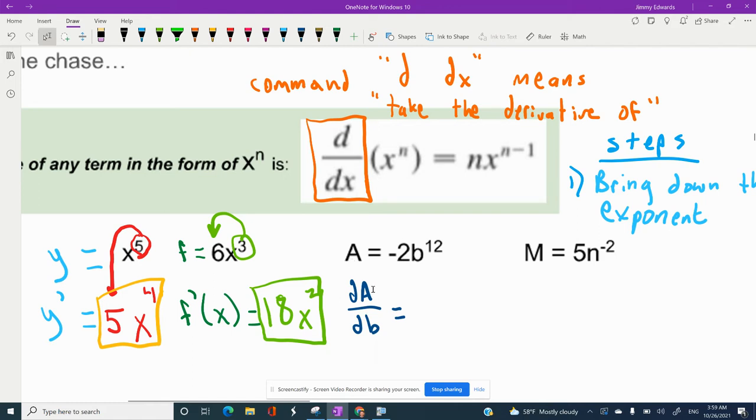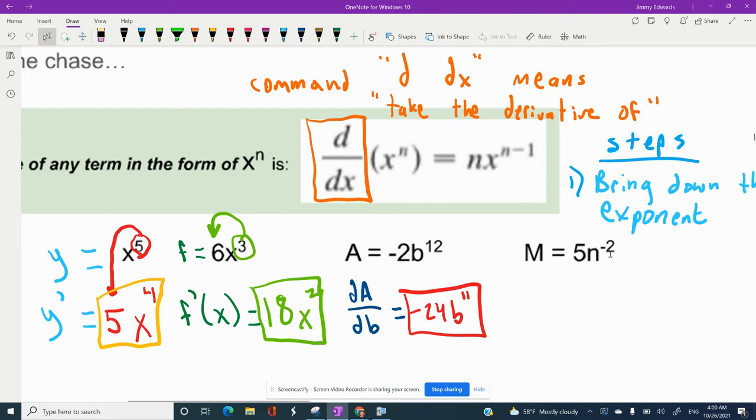Or in other words, like your y value, dy/dx, you may just see the dependent variable on top, and then the independent variable on the bottom. So then the power rule is bringing down the 12, so we'll have negative 24, and then b all to the 11th power. Whoa. Very easy, very cool power rule.